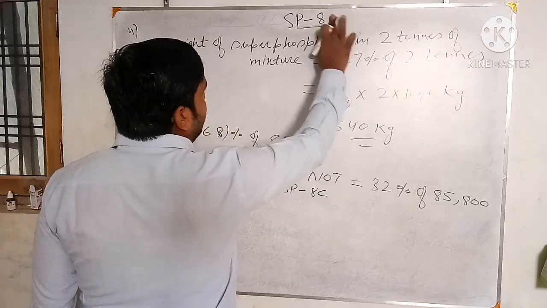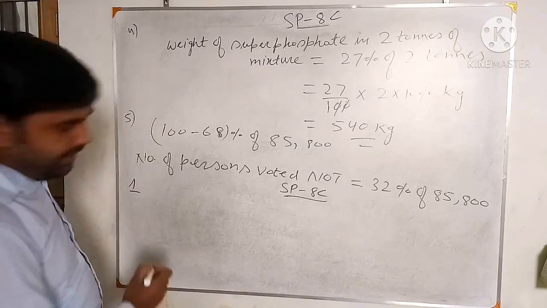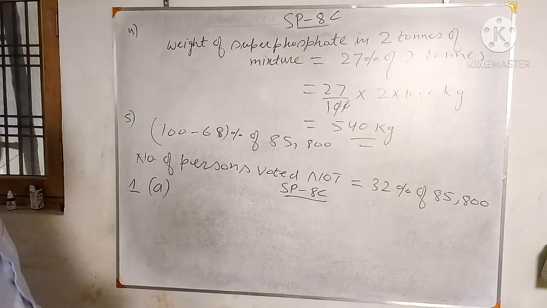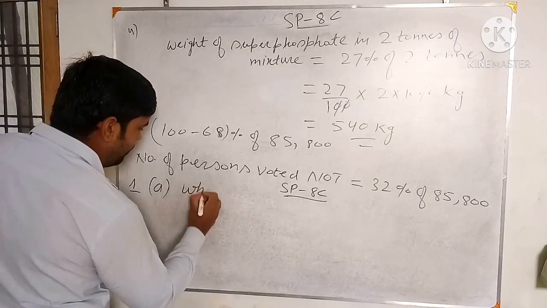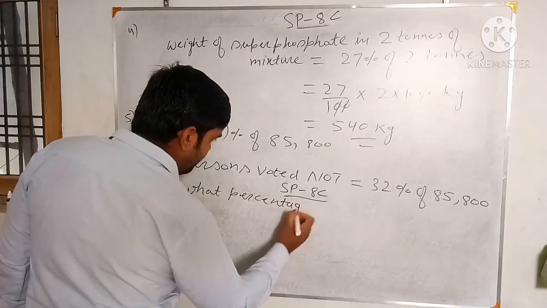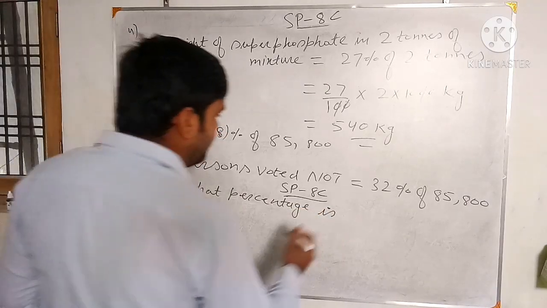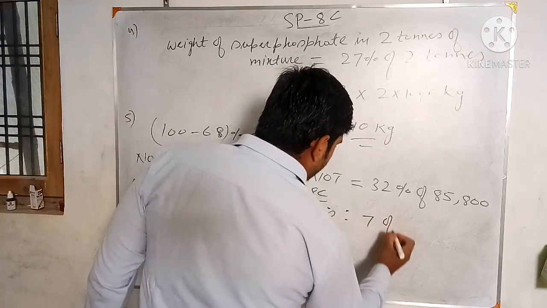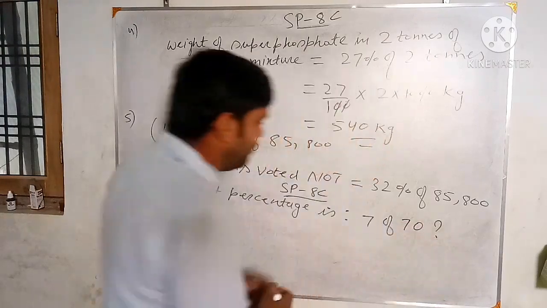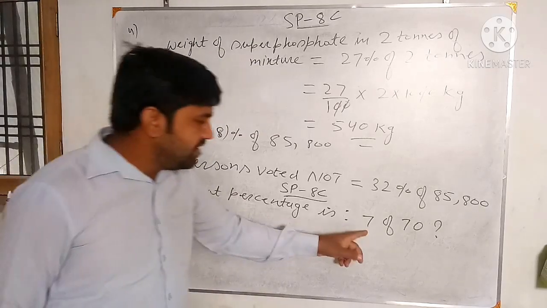In this first question, 1A, the question is: what percentage is 7 of 70? We have to calculate what percentage of 70 is 7.